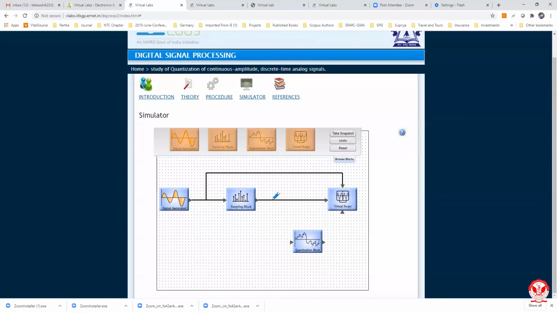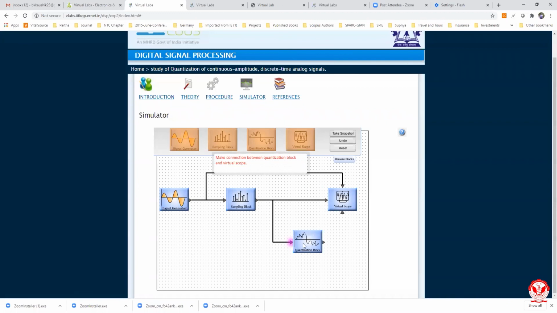That means from here also we can get the samples. Now we take the samples from here, we move. We click here, the line is red, which simply means it is floating. We approach the quantization block. Again, it becomes reddish. So we place it here. So the sampling block and quantization block are now connected.